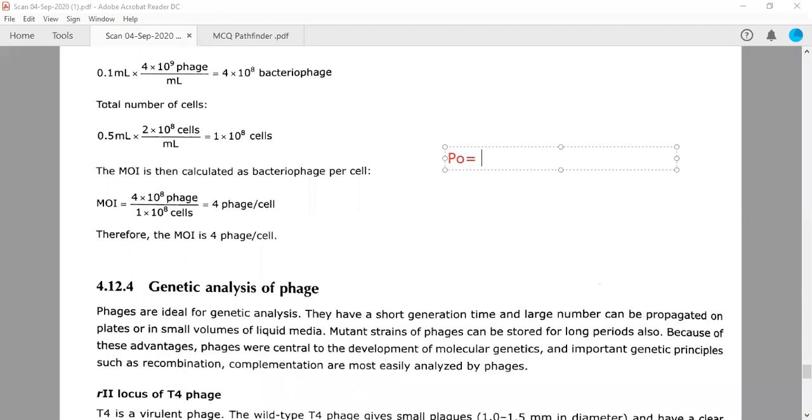So it will be e to the power minus 4, because the multiplicity of infection is this. You need to put this sign here, e to the power minus 4. And if you calculate this, you have a calculator, it will give you 0.018, right?